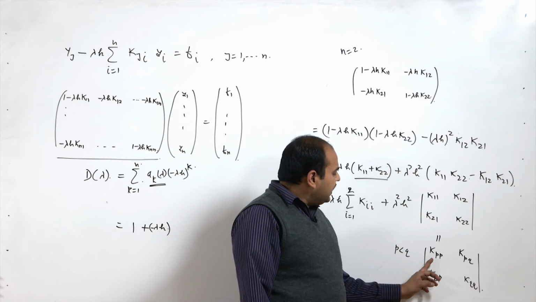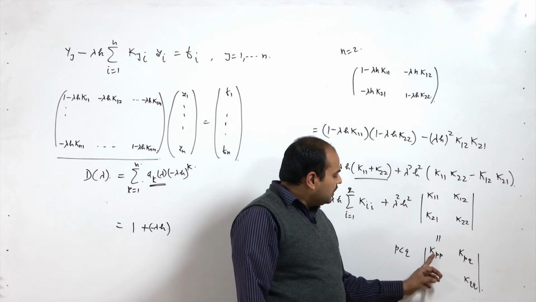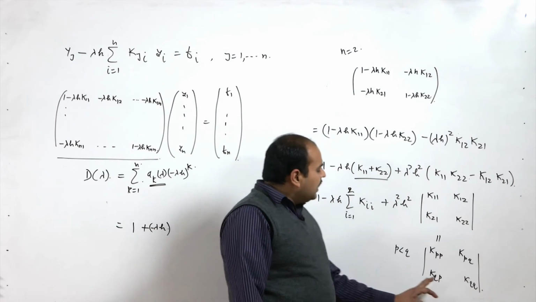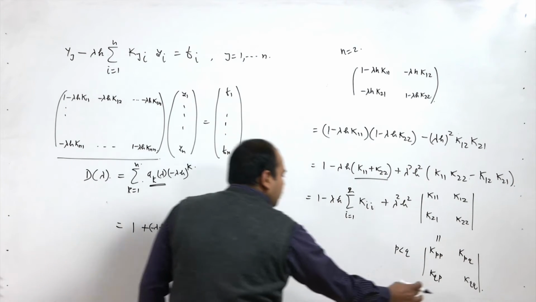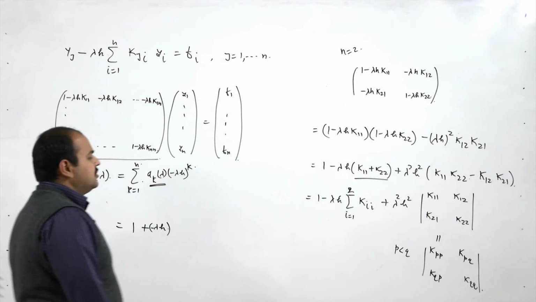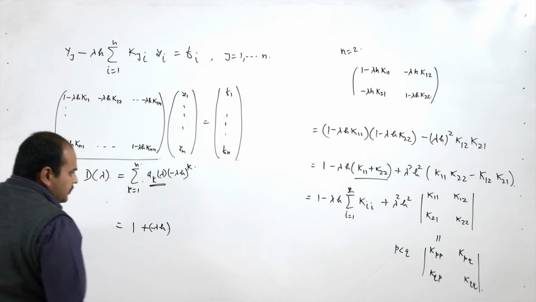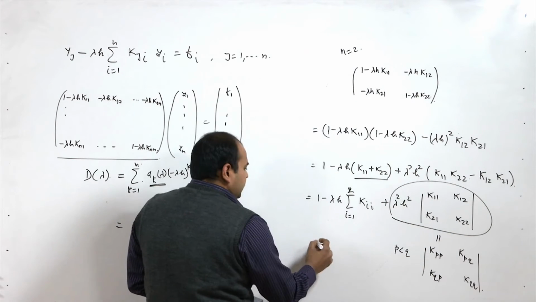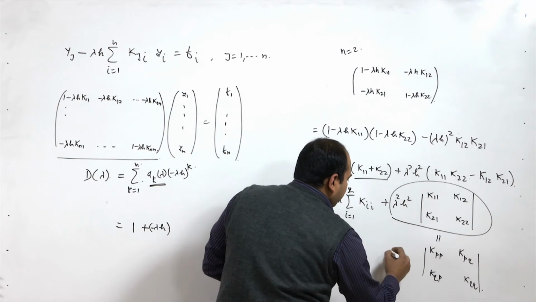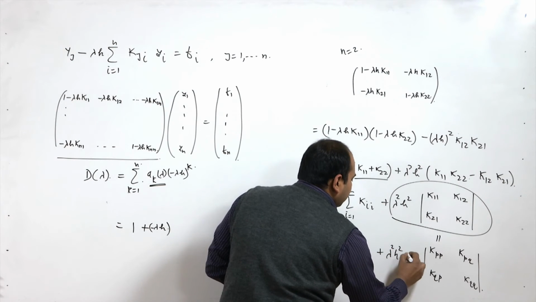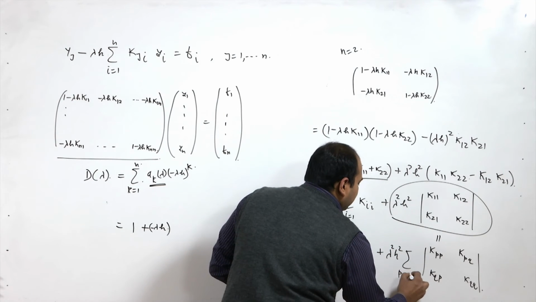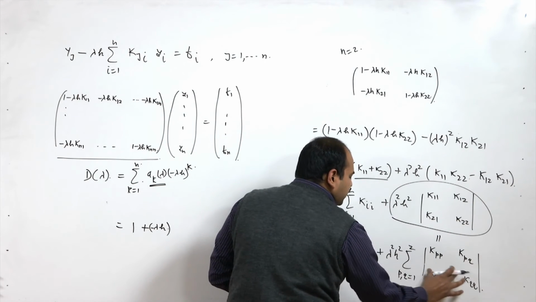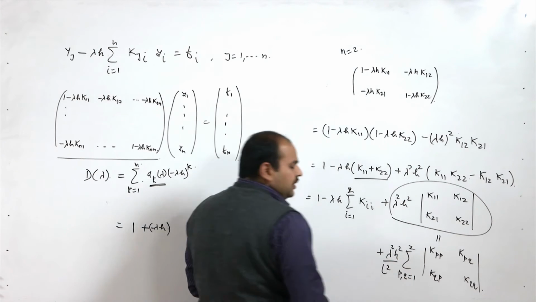So if I write a general one, the summation of the determinant of kpp, kpq, kqp, kqq, and if we take the summation, then there are two such permutations possible. So I can write this second term as lambda square h square times the summation over p, q from 1 to 2, and since there are two such combinations, we have to divide by factorial 2.